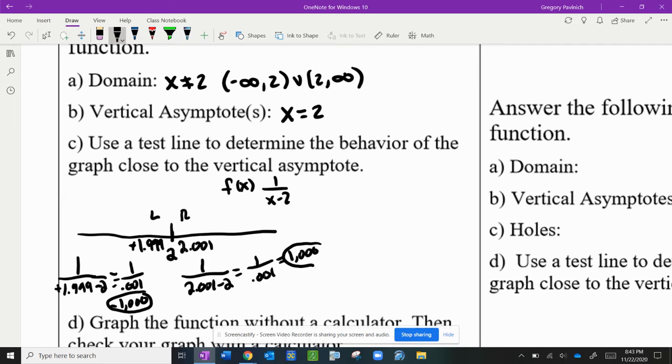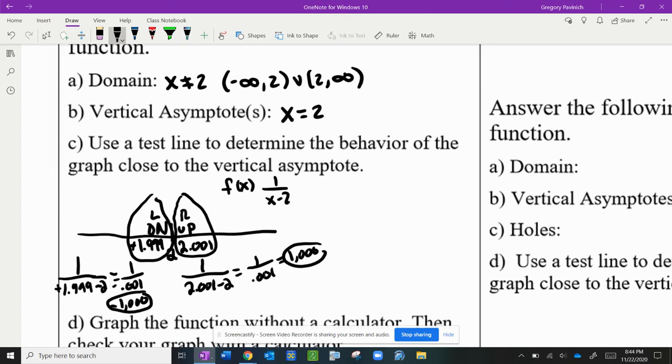So what do these numbers mean? It means when I plug in 2.001, so I'm really close to that vertical asymptote, my graph is up really high. And the opposite on the left side, I get negative 1,000. So on the left side, really close to the vertical asymptote, my function is going down. We'll make more sense of that, if that's not clear right now, when we graph it here in a second.